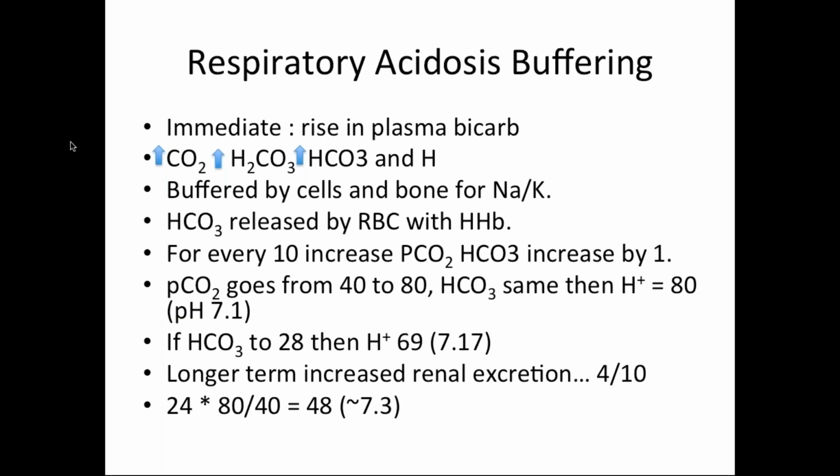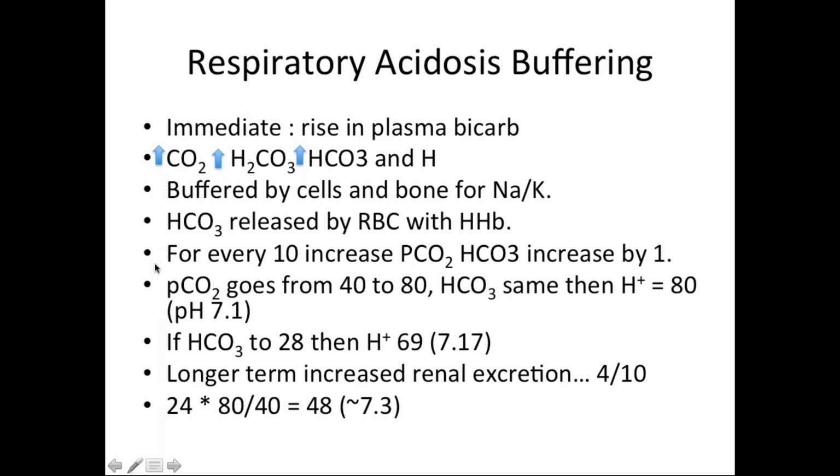The H plus can also be buffered by hemoglobin and then release the bicarb from the RBC into the plasma. And for every 10 increase in PCO2, the bicarb increases by about 1 from this mechanism of immediate buffering that is happening.